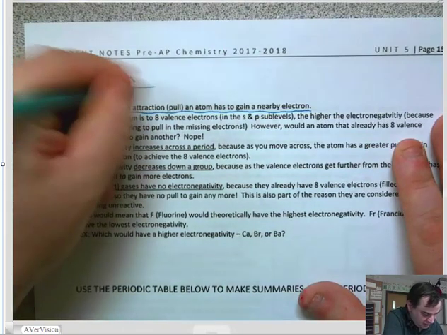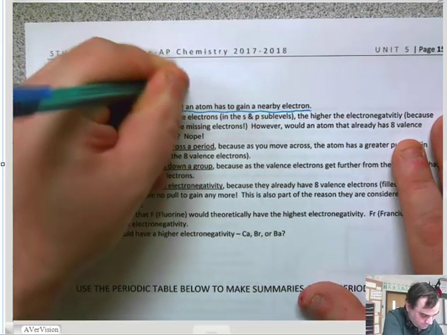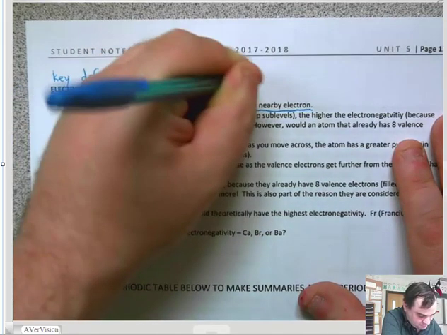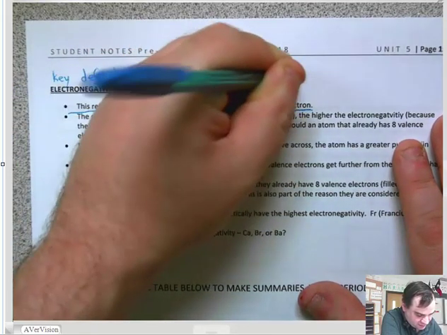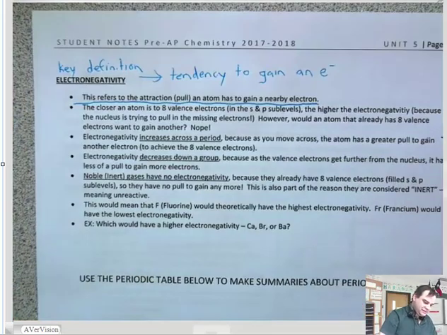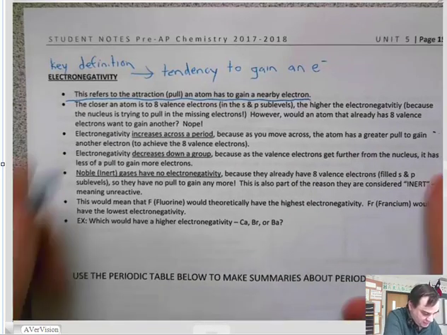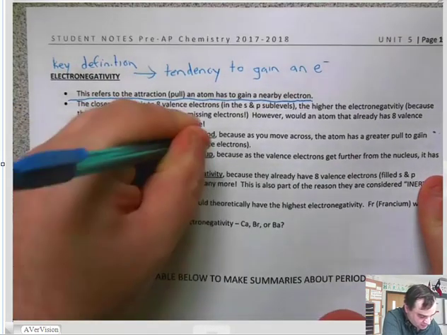This is the tendency to gain an electron. Okay? The closer an atom is to 8 valence electrons, the higher its electronegativity, because all atoms want to try to get to 8 valence electrons. Okay? So, electronegativity increases across the period.